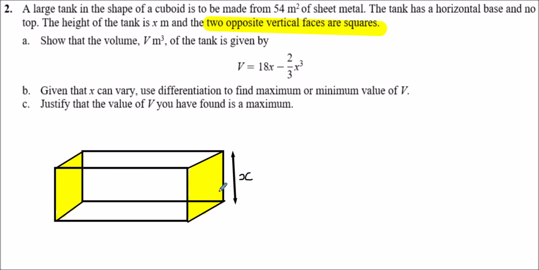And because this is a square, we also know that if the height is x, then this width must also be x. We're not told what the length is, but if we've got the height and the width as x, I'm going to suggest we could call the length y.